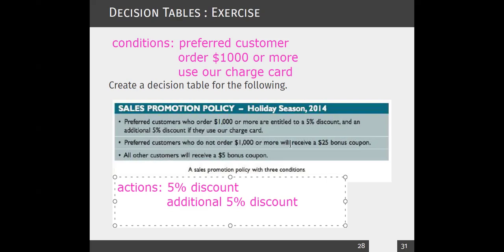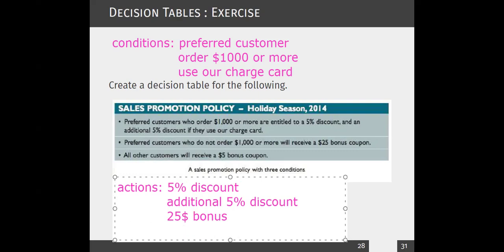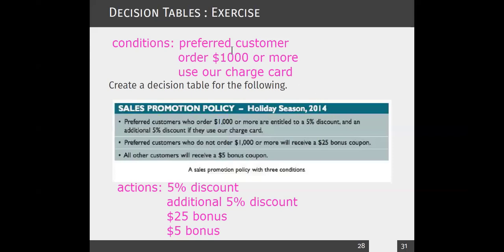Then $25 bonus, right? $25 bonus. And finally, $5 bonus. Sorry, not $25, $5 bonus. Right?